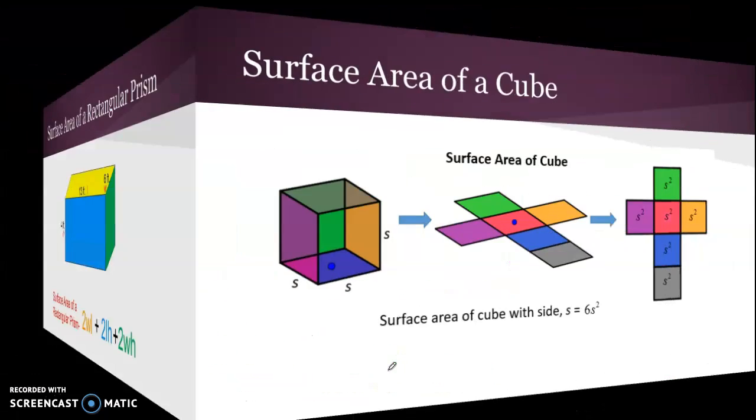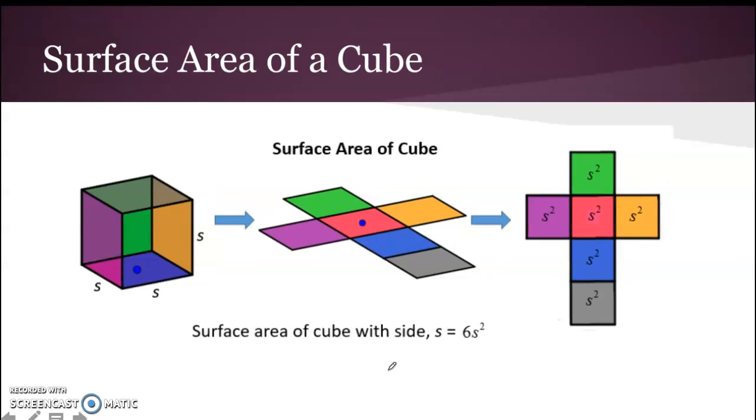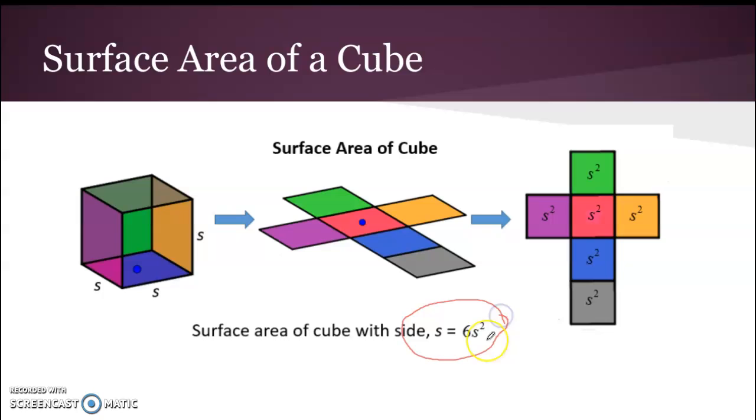Now, similar to this, you would see something like a cube. A cube is also a box, but the difference is that with a cube, all the sides are congruent. It's like a square and a rectangle. See where I'm coming from? The thing you need to remember for this one is that for a cube, the surface area is 6 times the side squared. Pretty simple and straightforward, right?